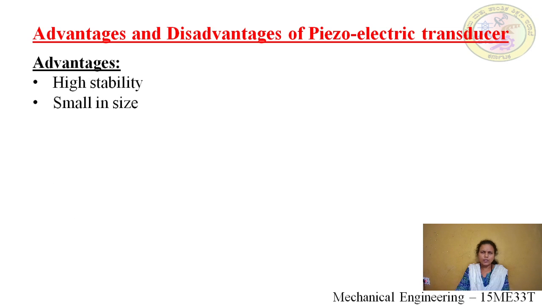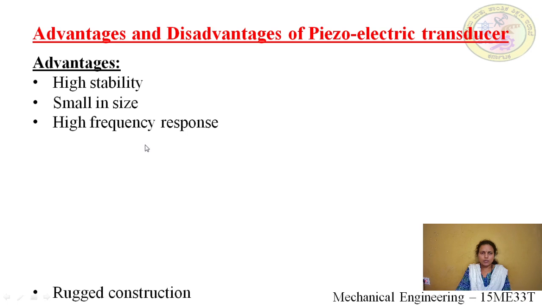The second is that the transducer is of small size so that it can be easily handled. The next is high frequency response. For a parameter changing rapidly, the output is given instantly. If there is a sudden change in the input, we get a sudden change in the output.